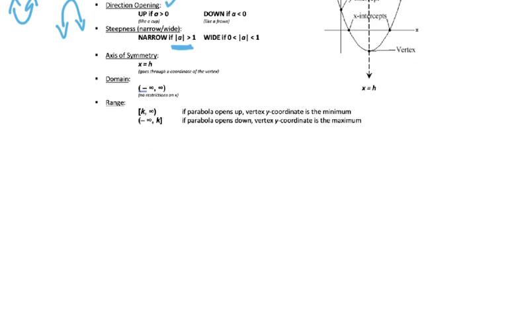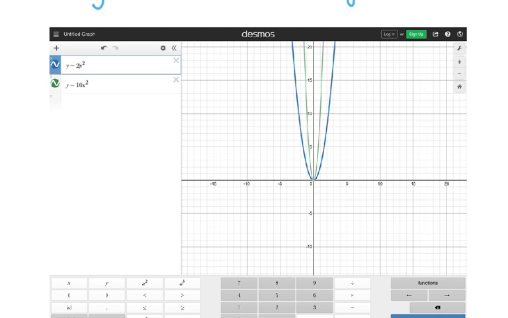So if you have something like y equals 2x squared versus something like y equals 10x squared, what we see is that in blue we have 2x squared, which is further out, right? Right here, this is further out than the green, which is 10x squared, which is more in, right?